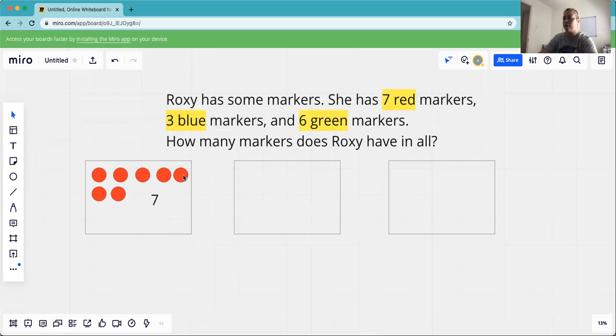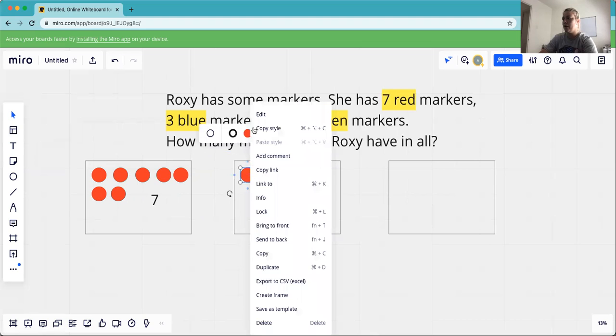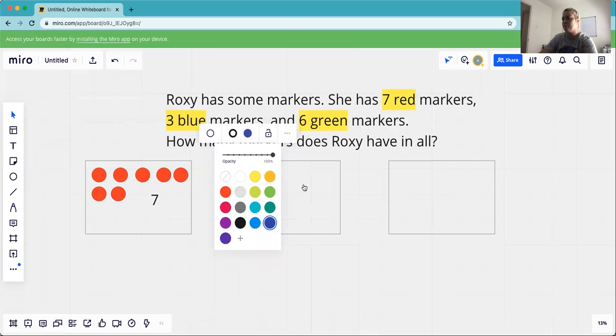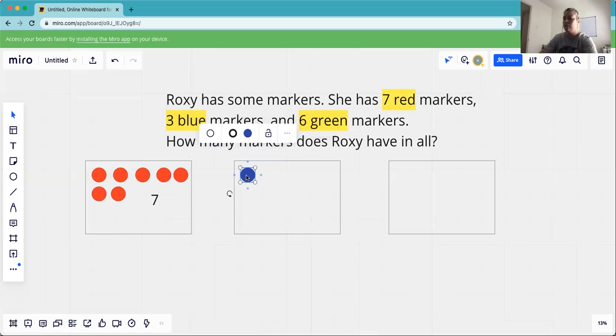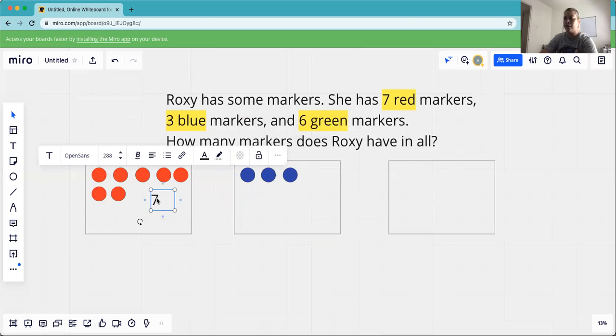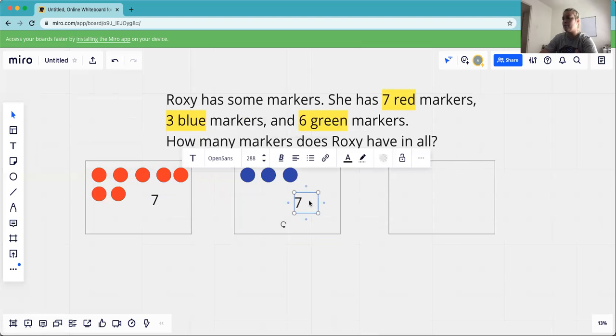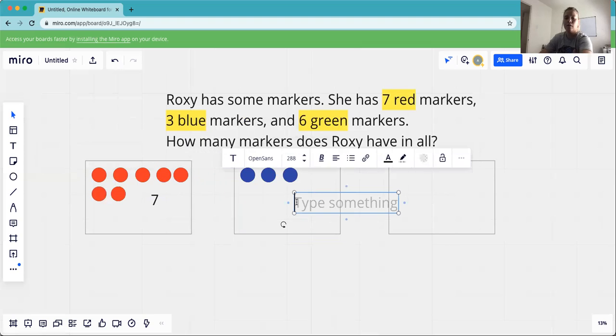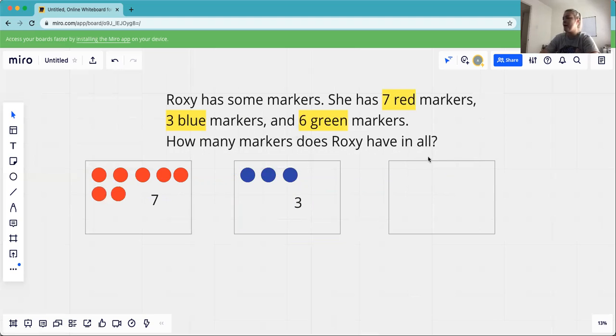3 blue, so I'm going to go ahead and make 3 of these blue and put them in here. 3 blue, 1, 2, and 3. Again, I'm going to go ahead and write my number 3. Awesome. And then 6 green.